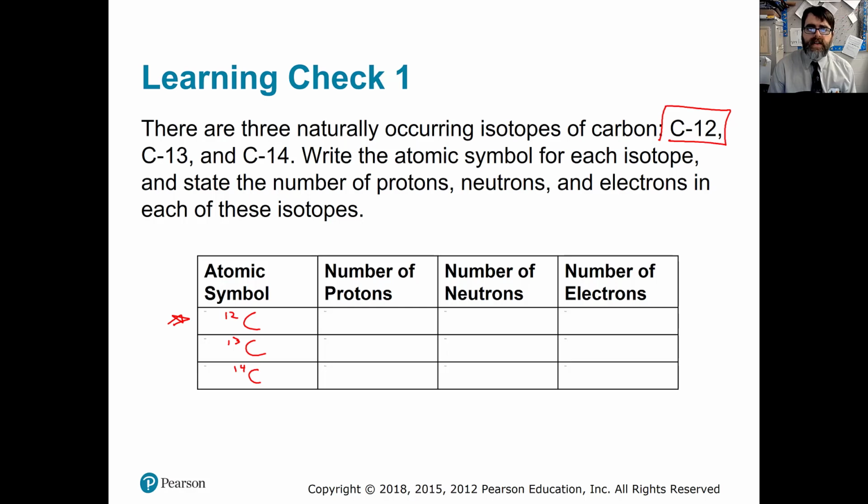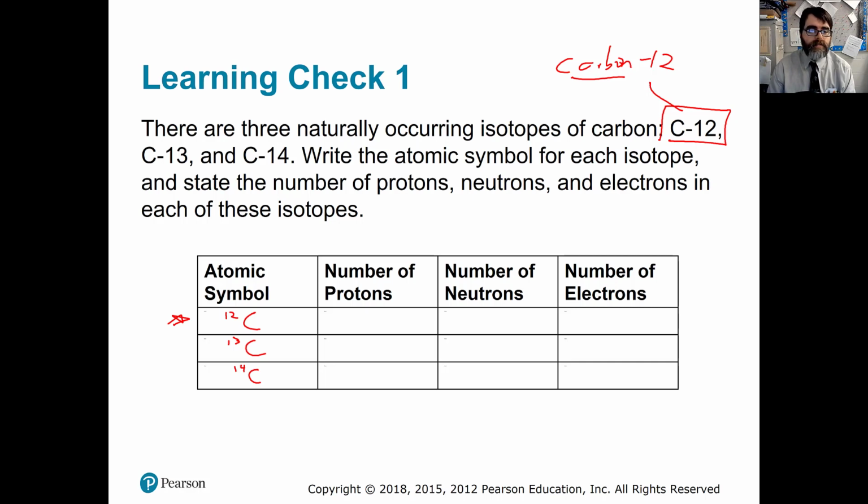Most often when I've seen the notation I've boxed in there, it'll be spelled out, carbon-12, carbon-13, carbon-14, and then this notation will use the superscript before the symbol to give you your mass numbers, and just use the symbol instead. Again, I have seen it C12. Most often I've seen it as the 12C, 13C, 14C like this, or the name spelled out if you're going to do the hyphen version.